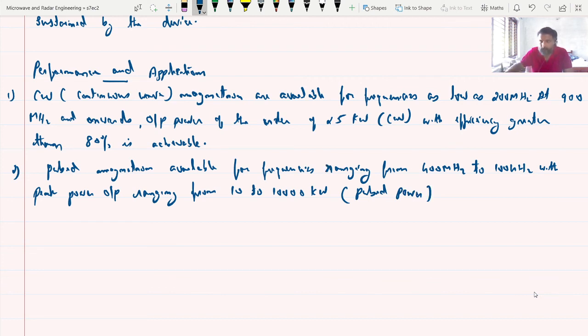Okay, so the duty cycle will be 0.001 to 0.002.